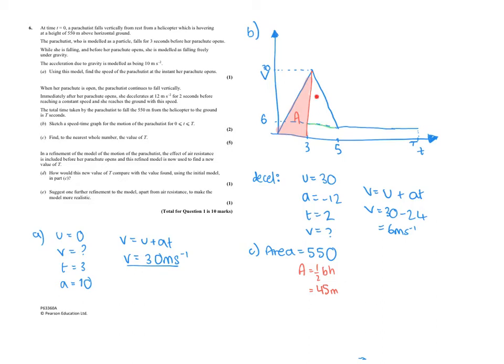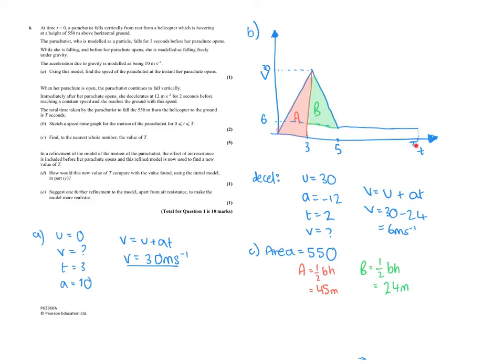Then we can do this section here. Obviously you can split this up in slightly different ways, but the fewer regular shapes we can do it in, the better. So the base of this shape is 2, the height is 24. So half times 2 times 24, which gives us 24 meters.